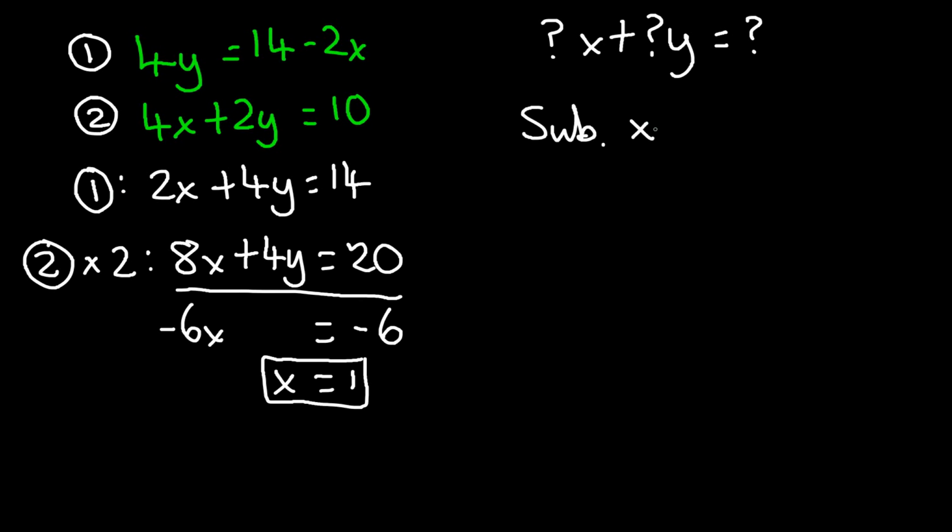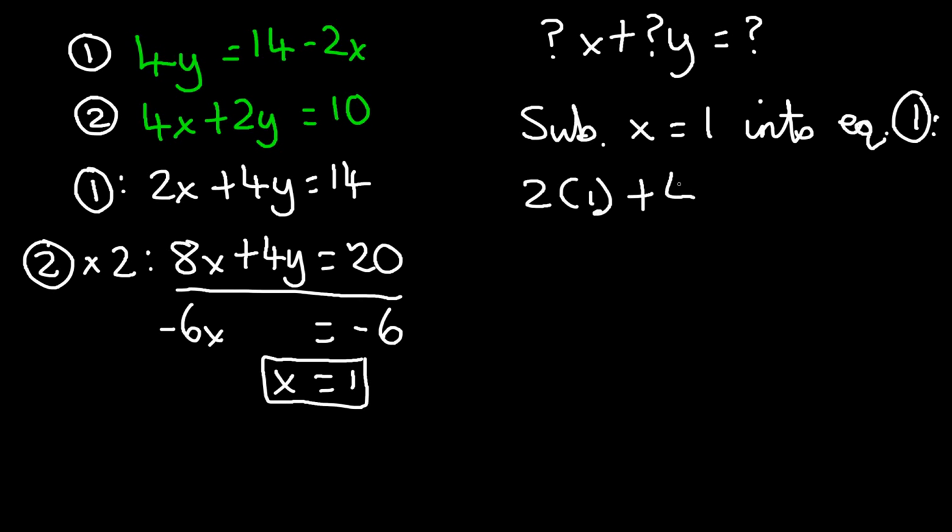Substituting x equals 1 into equation 1. We have 2 times 1 plus 4y is equal to 14. Expanding this bracket, 2 plus 4y is equal to 14.